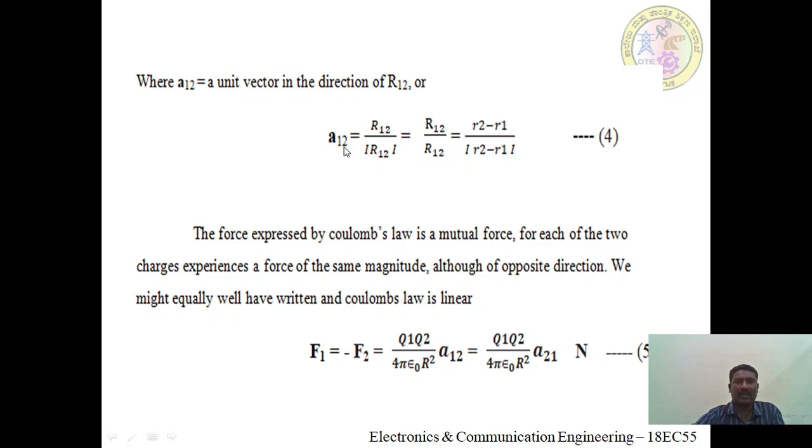The unit vector can be found as R12 divided by the modulus of R12, that is R12 is nothing but R2 minus R1, divided by the modulus of R2 minus R1. This is the value of the unit vector.